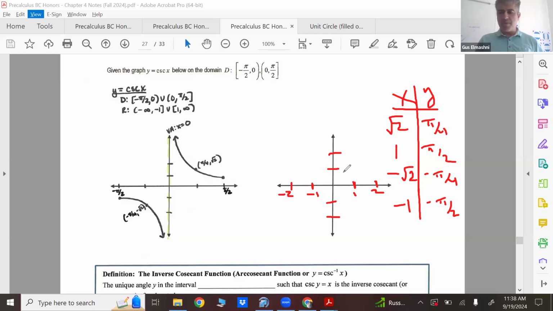And again, we could easily punch it into Desmos, but let's do this by hand so we really get a good handle of this.